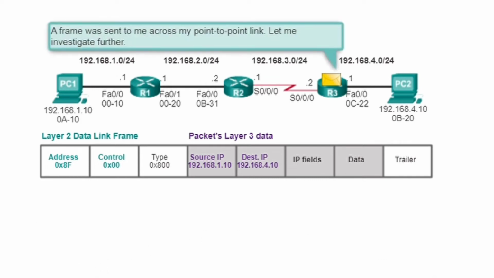The animation in the figure illustrates how router 3 forwards the packet to PC2.